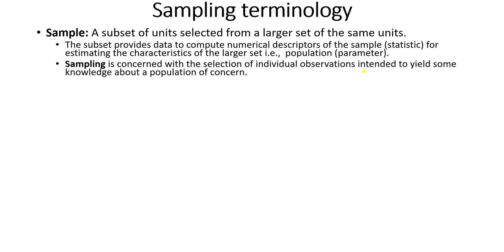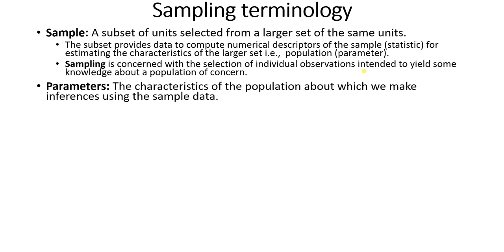And sampling is basically concerned with the method of selecting those subsets. So it is concerned with selection of the individual observations or the individual participants intended to yield some knowledge about the concerned population.